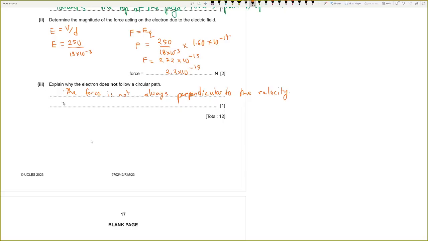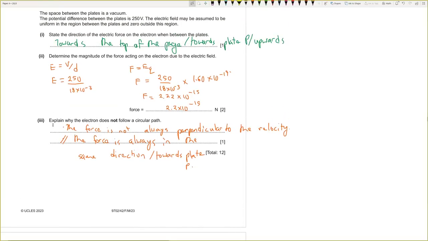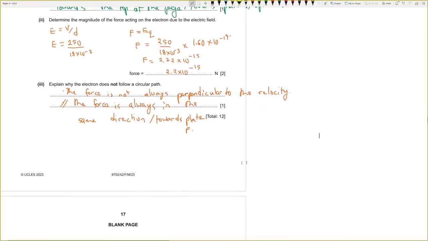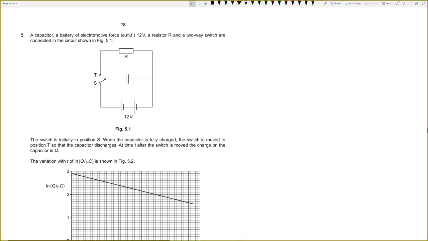This is one statement you could write, or you could say that the force is always in the same direction. This is the first time I've seen this question as well. Remember this theory. Towards plate P. Interesting. This is the marking point then. They basically refer to centripetal force, where the force has to be towards the center. Anyway, moving on to question number 5.